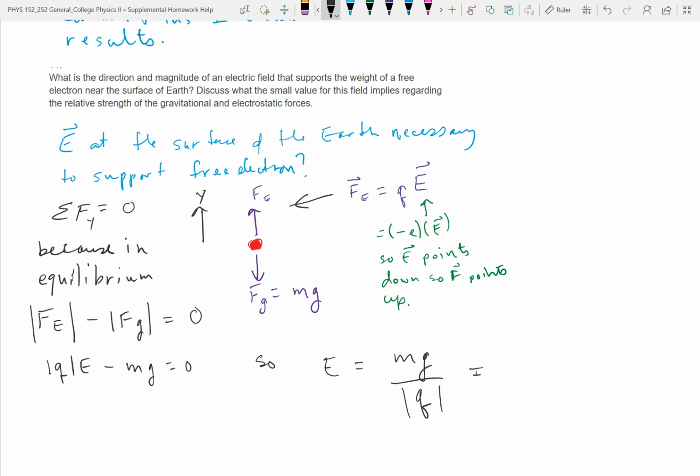And then we just have to put in, what's the mass of an electron? It's 9.109 times 10 to the minus 31 kilograms. Acceleration of gravity. Look, I put 4 digits there and I only put 3 for acceleration of gravity. Everybody just puts 9.11. I know the charge. Okay, so what's the charge? That's 1.602 times 10 to the negative 19.